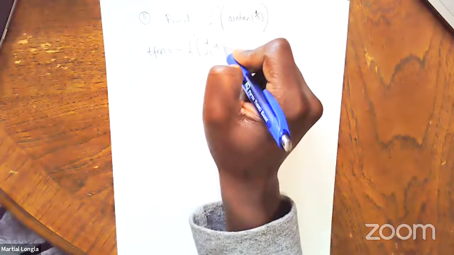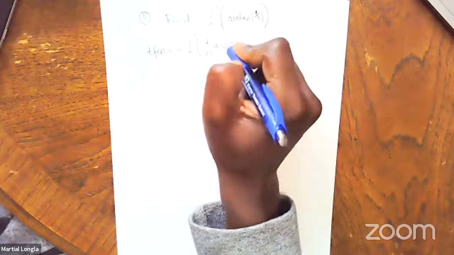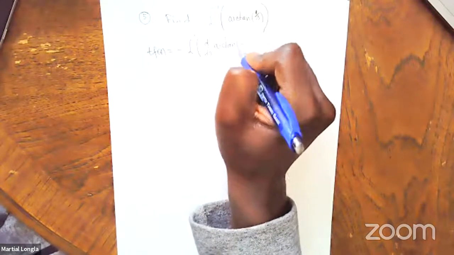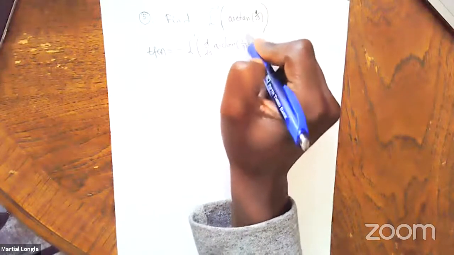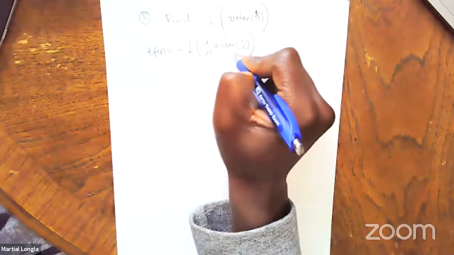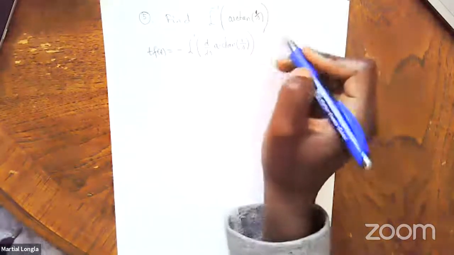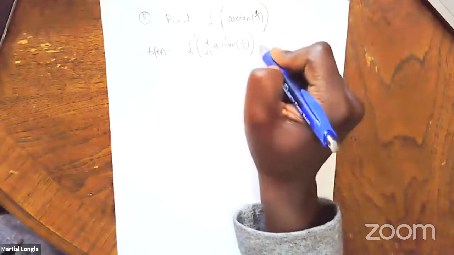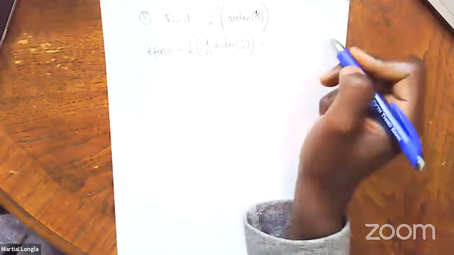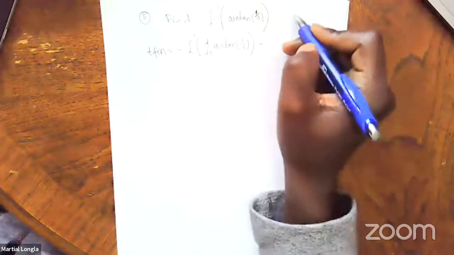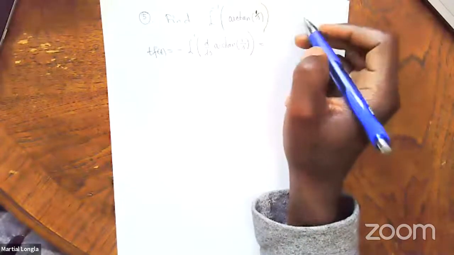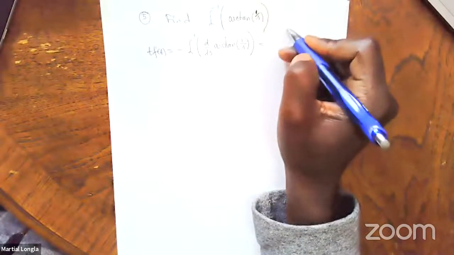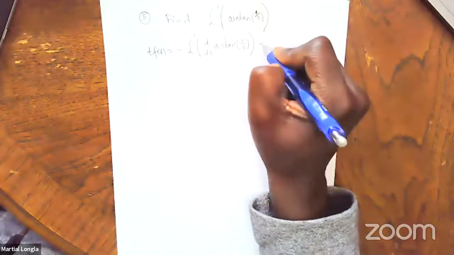Is that right? This is the Laplace transform already. And then isn't the derivative of arctan 1 over x squared plus 1? So here it would be 1 over s squared plus 1. Is that right?